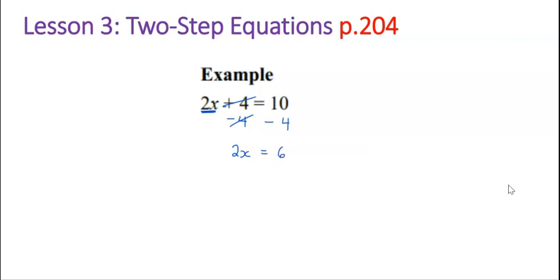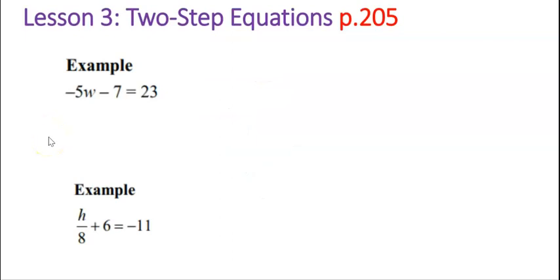And now we can isolate. We're multiplying 2 to x, therefore we're going to divide by 2 on both sides of the equation. That cancels on the left, x is isolated, and 6 divided by 2 is 3. x is equal to 3.